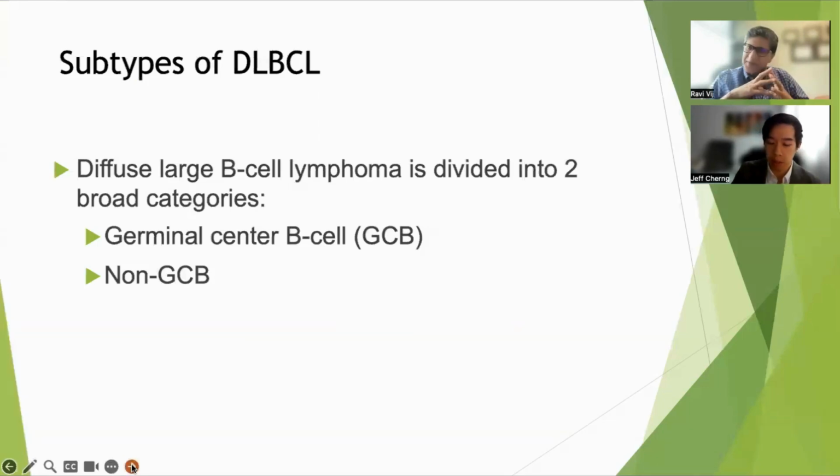This really just pertains to what kind of cell the lymphoma is developing from when we look at lymphomagenesis as well as B cell development in general. And so, DLBCLs can be divided into germinal center B cell subtype or non-germinal center B cell subtype, which for the most part pertains to the activated B cells. Okay.